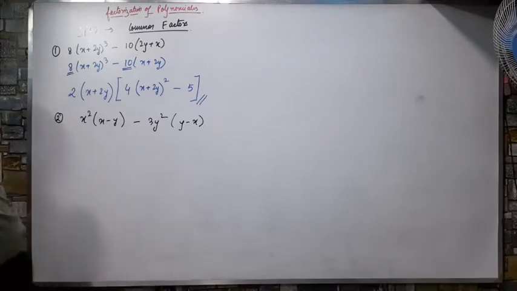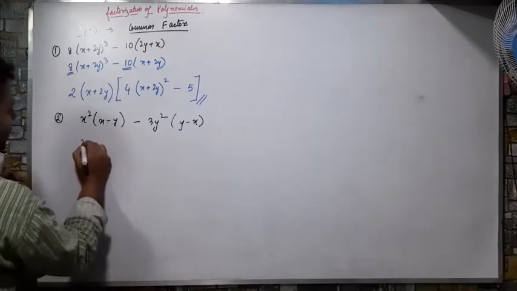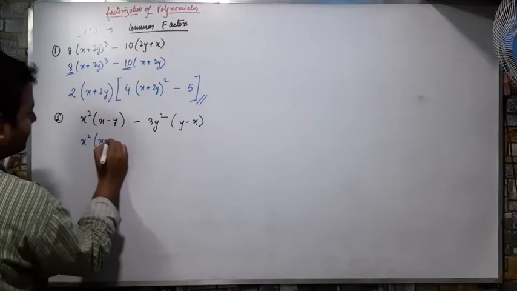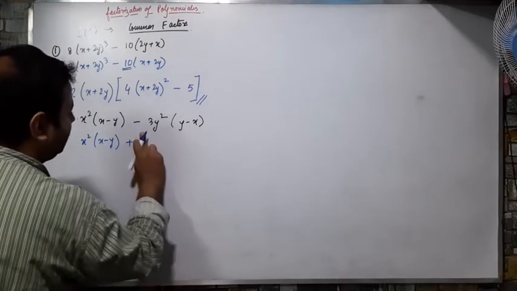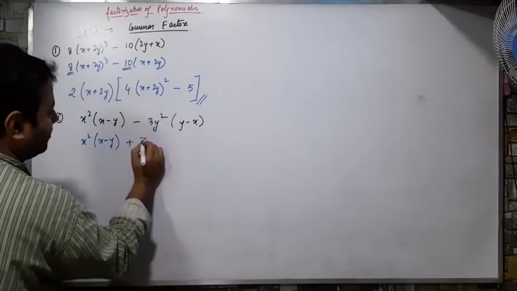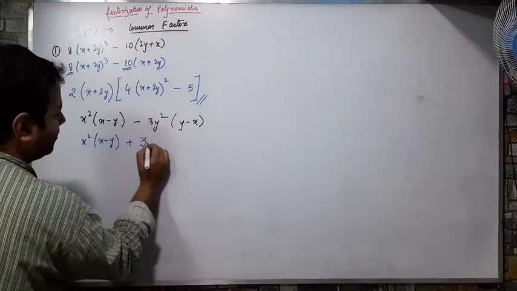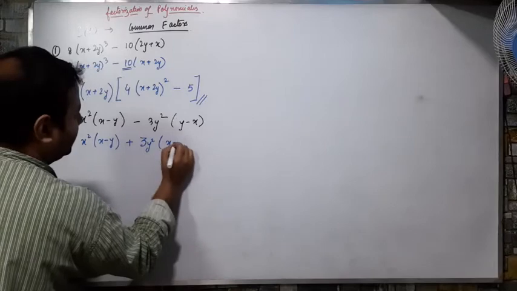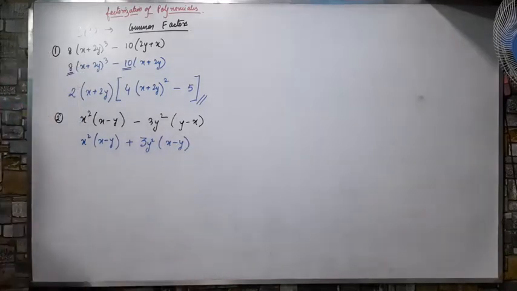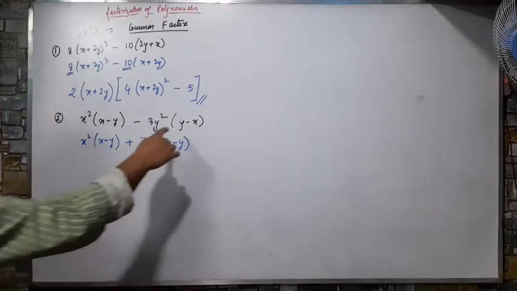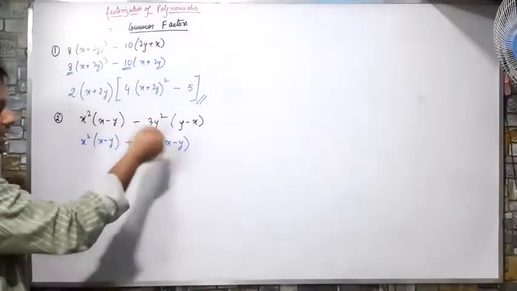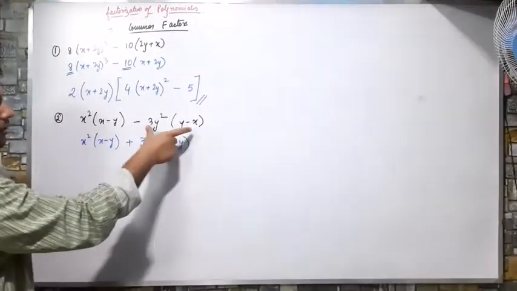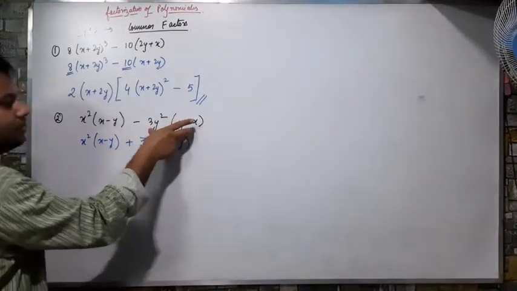How? x square into (x minus y), minus will become plus, 3y square into (x minus y). So if I am changing the sign of this, I will also change the sign of the part which contains the y minus x.